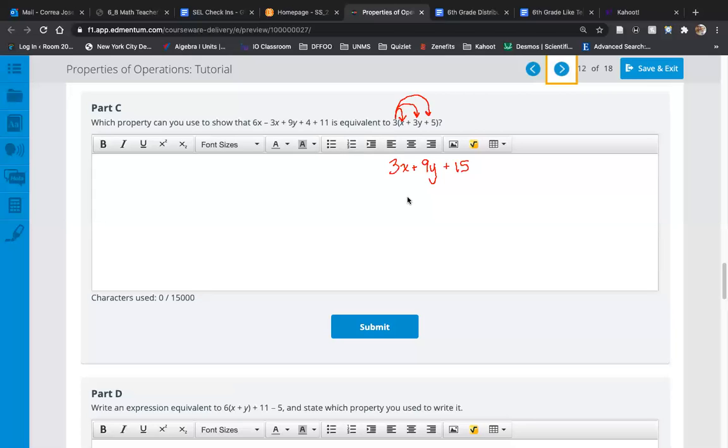So you can have more than 2 things inside your parentheses. In 6th grade, 7th grade, 8th grade, you're really not gonna very often see more than 2 things inside the parentheses. More often than not, it's gonna be the examples you saw before where it's, like, 3 times 2x plus 4, something like that. But once you start getting more into pre-algebra and algebra in high school, you start to see a lot more examples that have multiple things inside the parentheses, right? You might even start seeing stuff that looks like this, maybe.